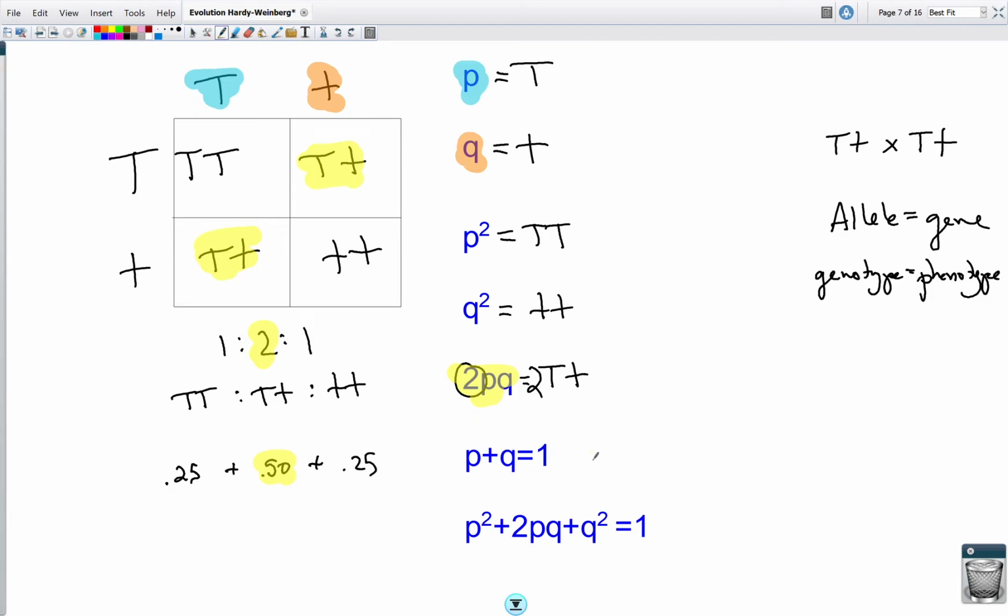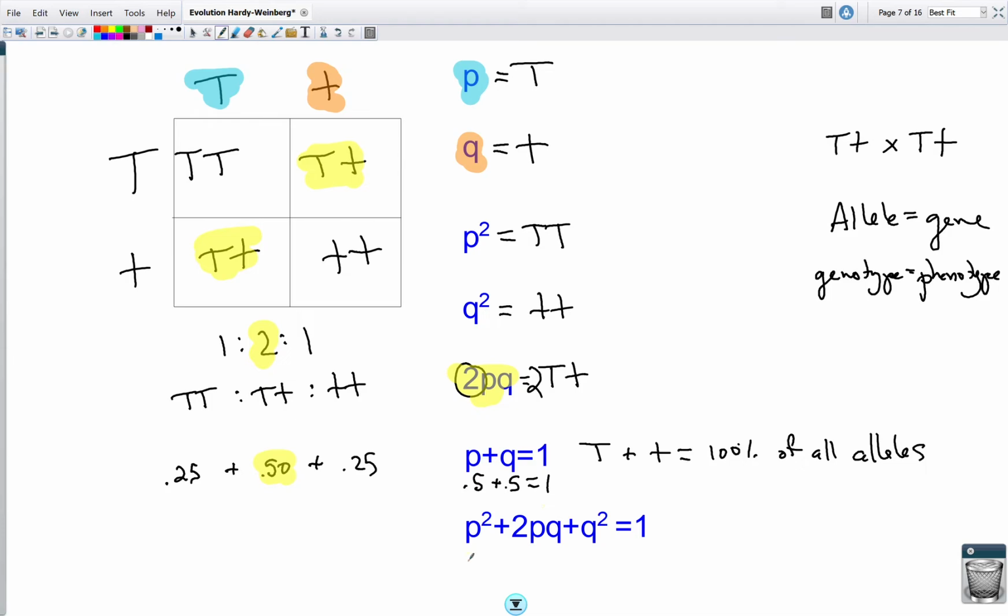If I take all of the dominant alleles and I add them to all of the recessive alleles, I get 100% of all the alleles in the population, or 1, since we're using decimals. So 0.5 plus 0.5 equals 1 in this example.